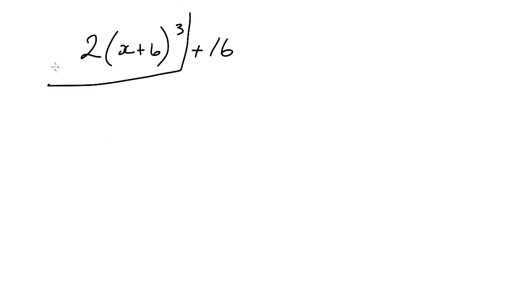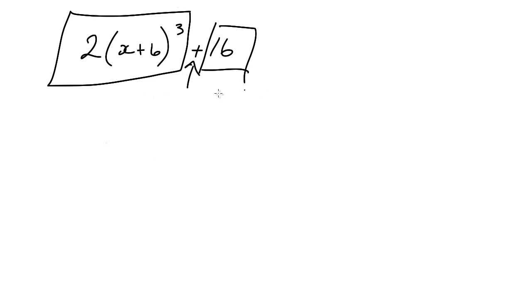For my second example, I have 2 multiplied by (x plus 6) cubed, plus 16. I can first of all factorize the 2. This is a term here, and this is also a term, and there's the sum.